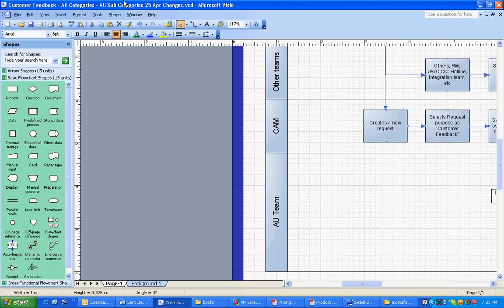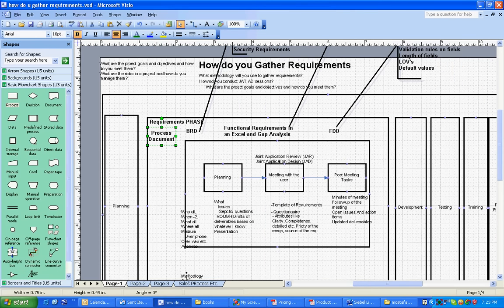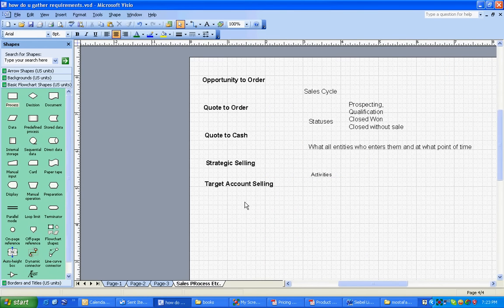Once you get that, you have to convert it into a BRD, the one that I showed you. I'll show you again. You will make this BRD on the basis of that process flow, and that process flow is written here: current process flow, future business process flow.